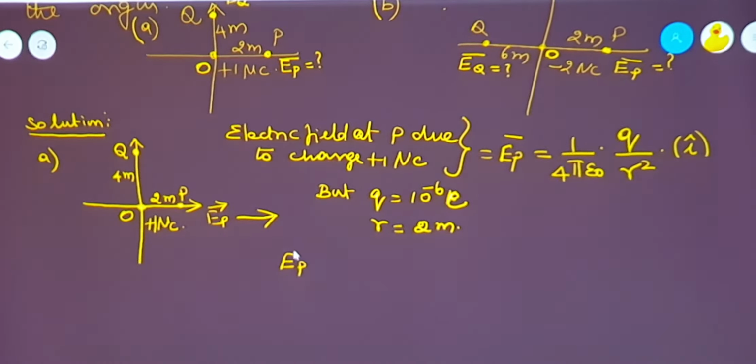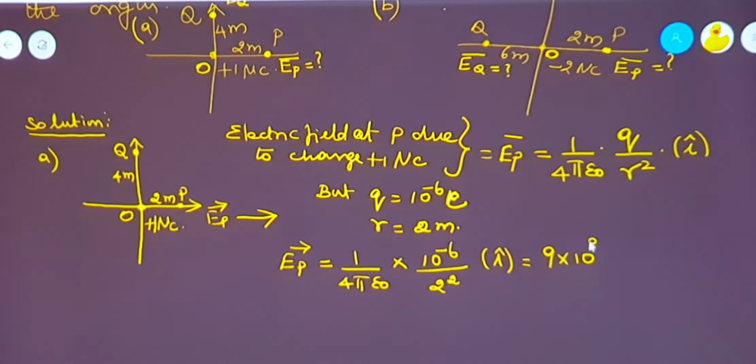I can write EP vector is equal to 1 by 4 pi epsilon 0 into, instead of q it is 10 power minus 6 divided by 2 square I cap. When I am getting the values, it is 9 into 10 to the power of 9 multiplied with 10 power minus 6 whole divided by 4 I cap.